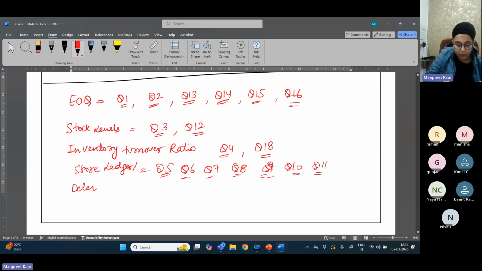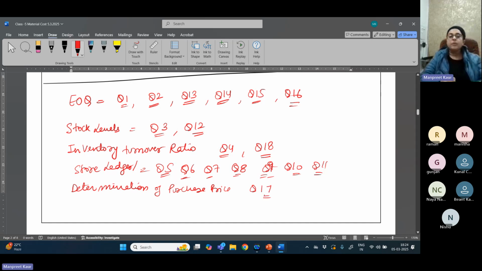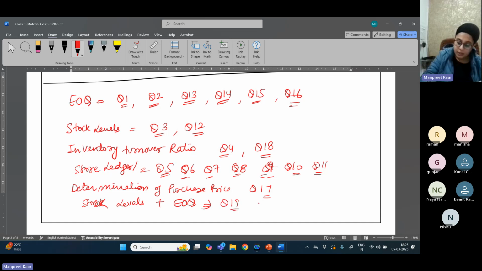We have another topic, determination of purchase price. Question number 17 is related to it. Next is stock level plus EOQ: question number 19 and question number 20 are a combination of stock levels and EOQ.